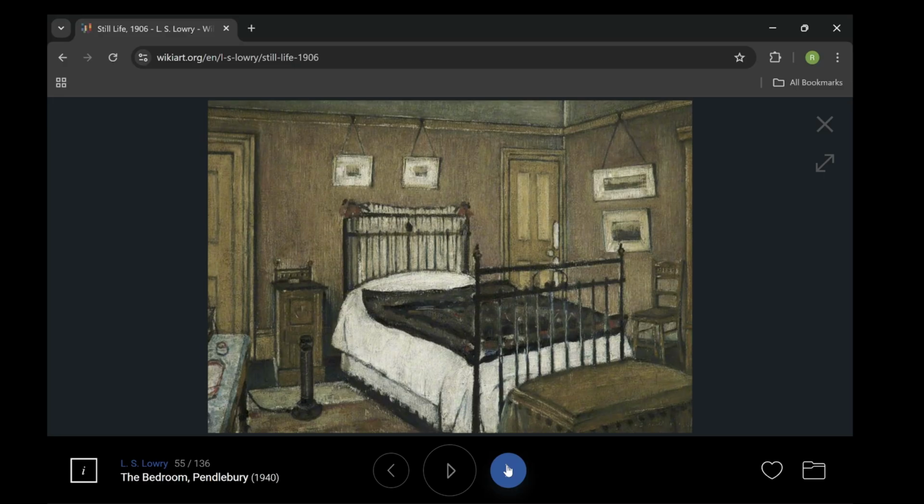The bedroom. Now, a couple of things to say about this. This is after his mother died, and this is the bedroom of his mother, I believe. And the main thing that we're supposed to take note about in this bedroom is that there's nobody in it, and this is where his mother would have laid. Also, it does remind me of the Van Gogh bedroom painting, and we've got the one point perspective again, but it's going off in this corner to this door over here, which is quite cleverly done and different.